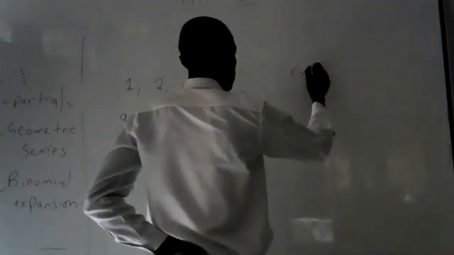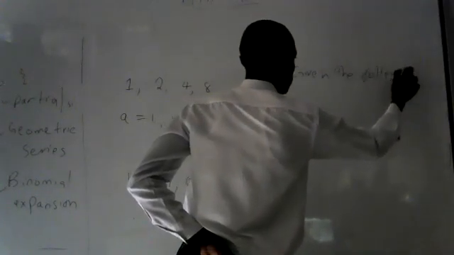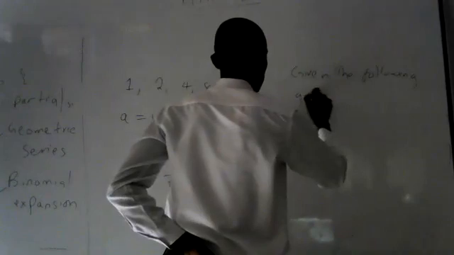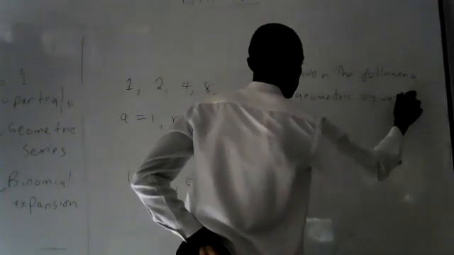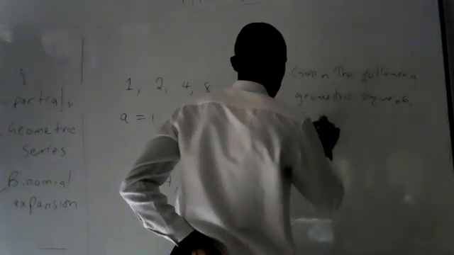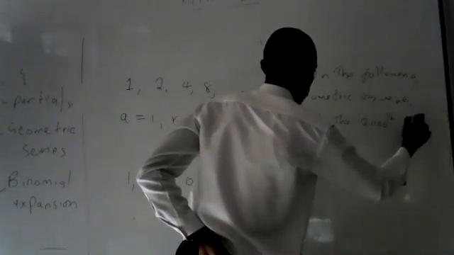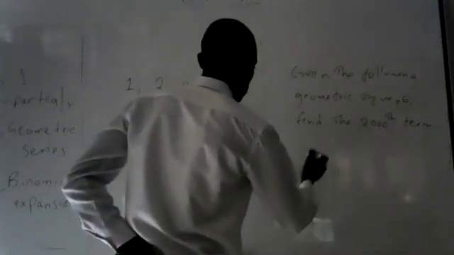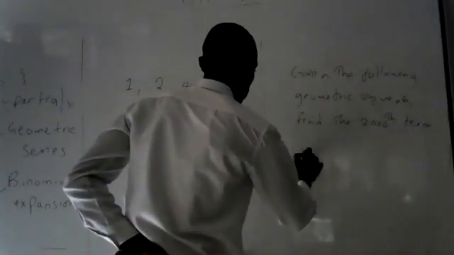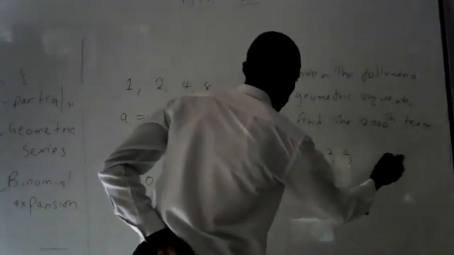So you could be asked, for example, given the following geometric sequence, find the 2000th term, and the sequence is something like 1, -2, 4, all the way.